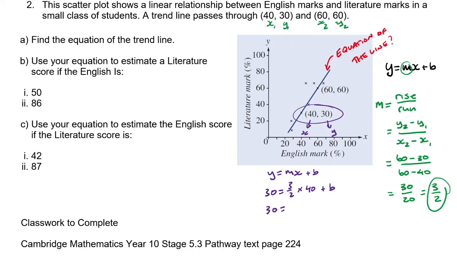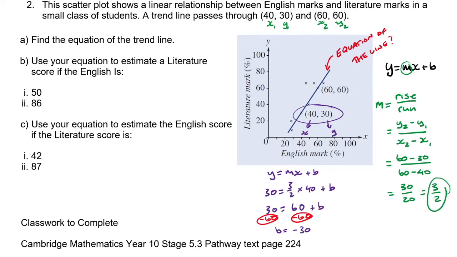We know that this is going to be 60 plus b. We do some basic algebra. And we get b equals minus 30.